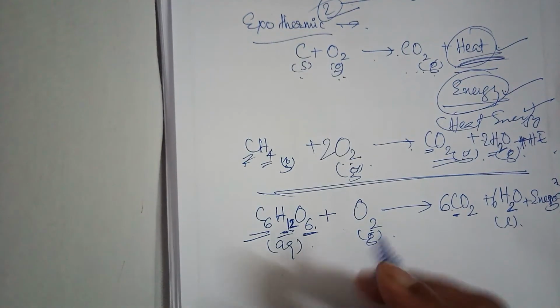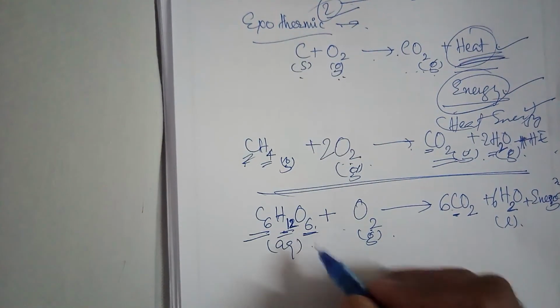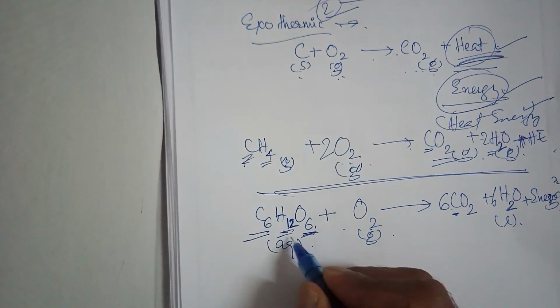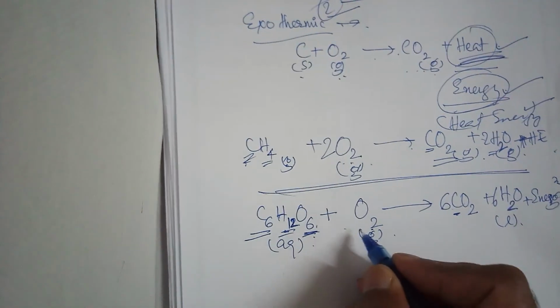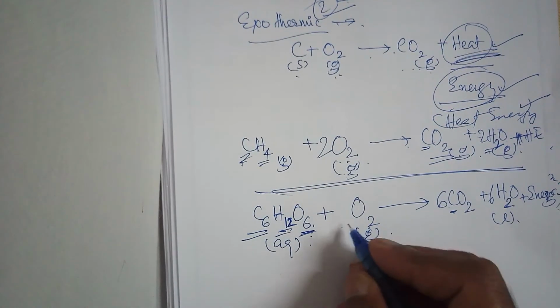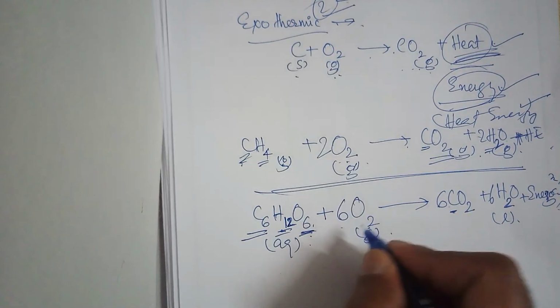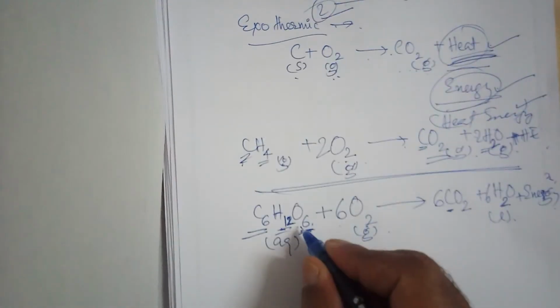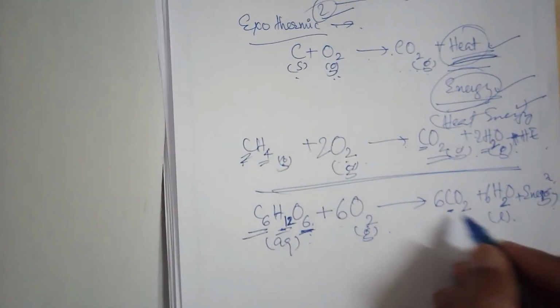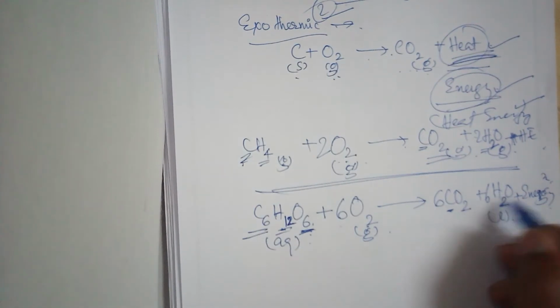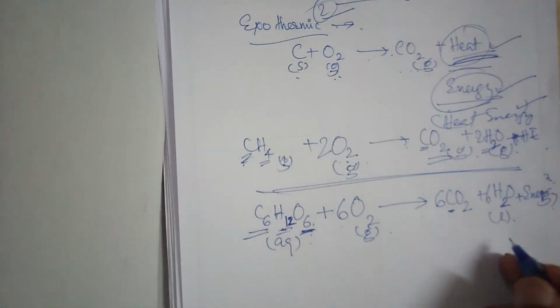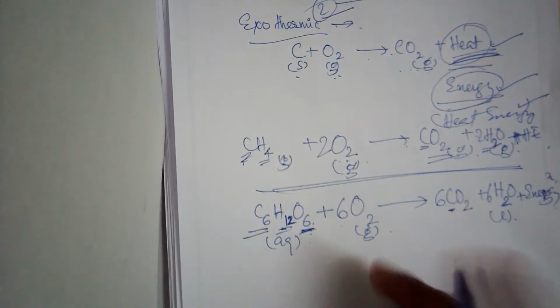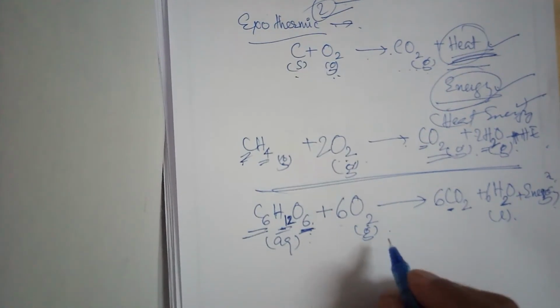We have to make it 18 also. So here it is 6, we will not alter this one. And how many is remaining? 12 is remaining. So we have to write 6 here to get 12 plus 6 is 18 here, and 12 plus 6 is 18 in the product side. So this is also a balanced equation.